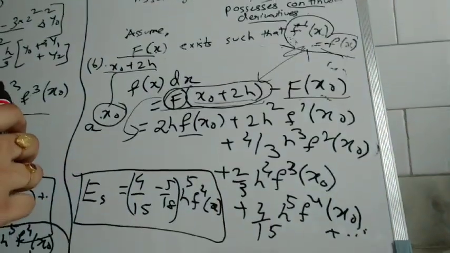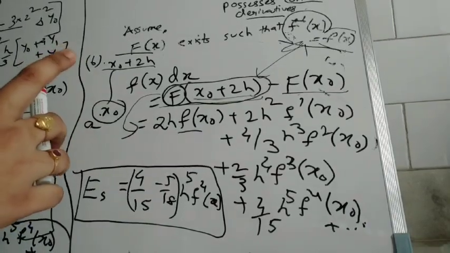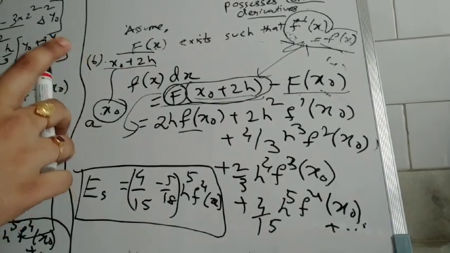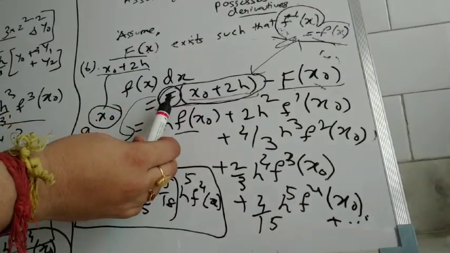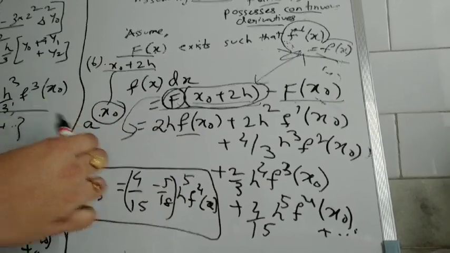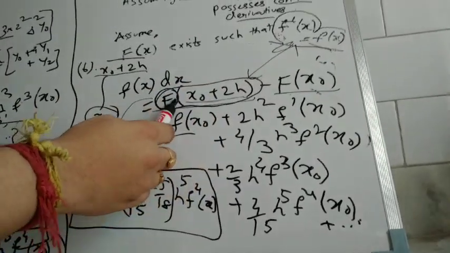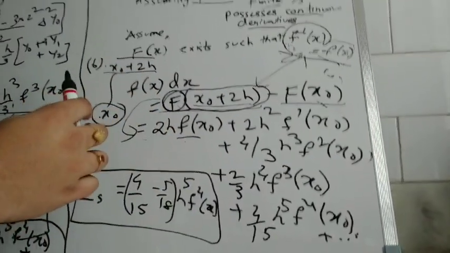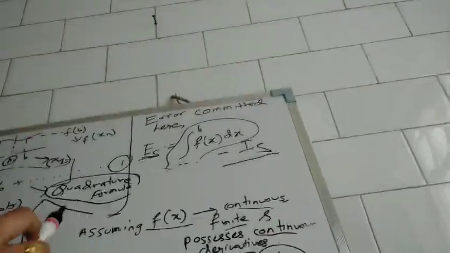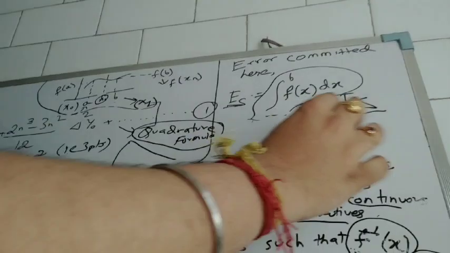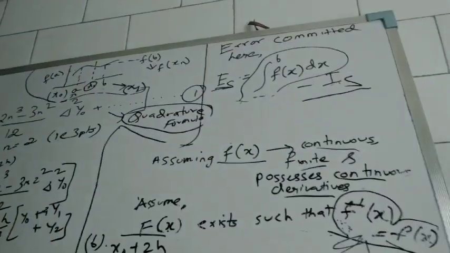I told you in the last class that the order of derivative will be decreasing if I convert from capital F to small f. So expand it and write it in terms of small f. You will get this. So this is basically our term.